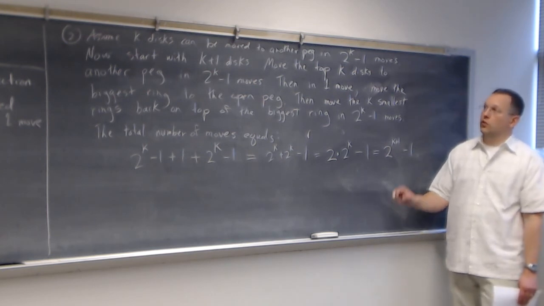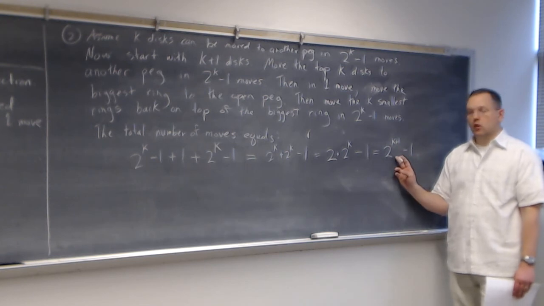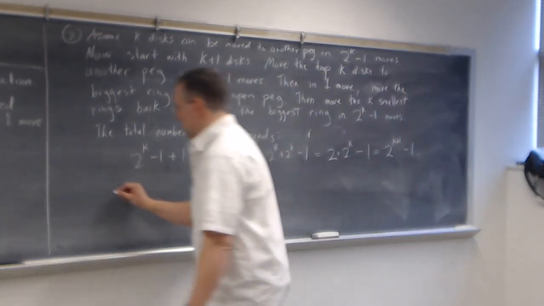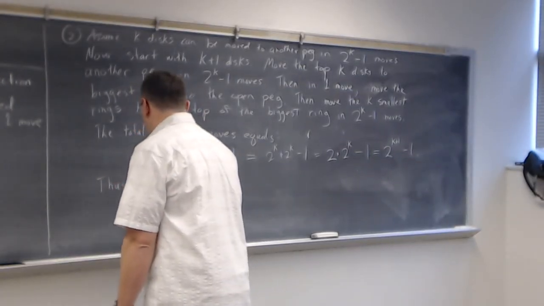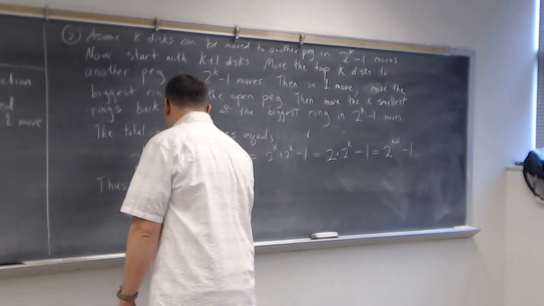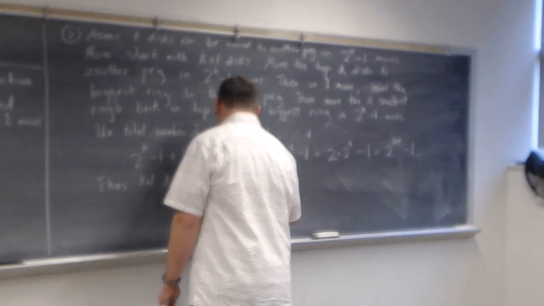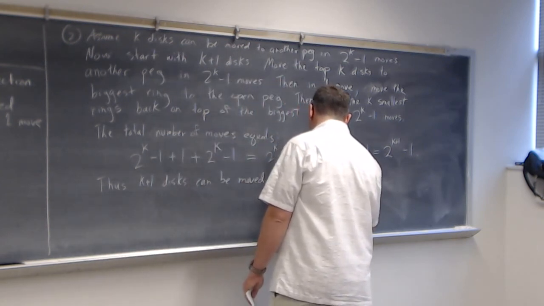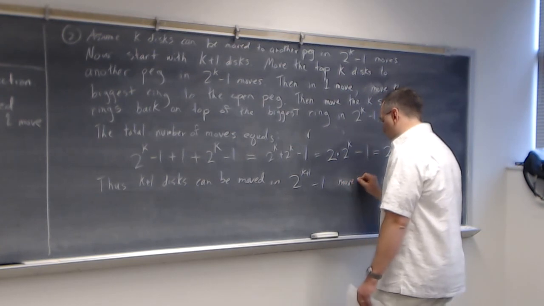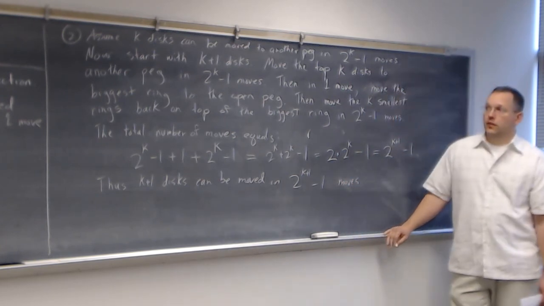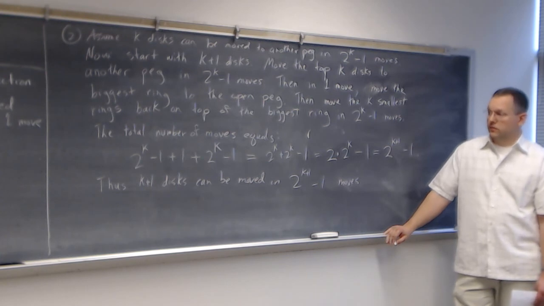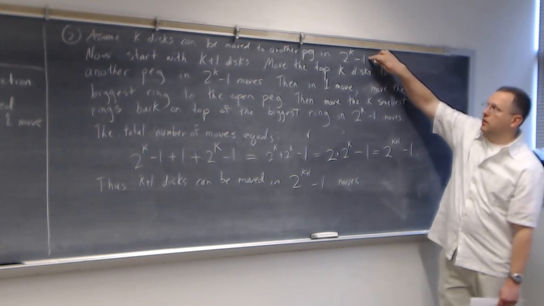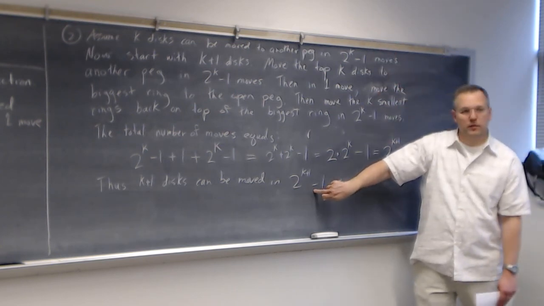So what did we just show? We just showed that k plus 1 disks can be moved in this many moves, 2 to the k plus 1 minus 1. So thus, k plus 1 disks can be moved in 2 to the k plus 1 minus 1 moves. So that's the inductive step. We just proved the inductive step. If k disks take this many moves, then k plus 1 disks take this many moves.